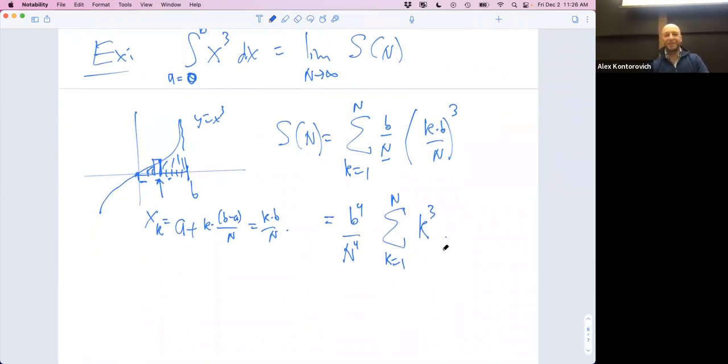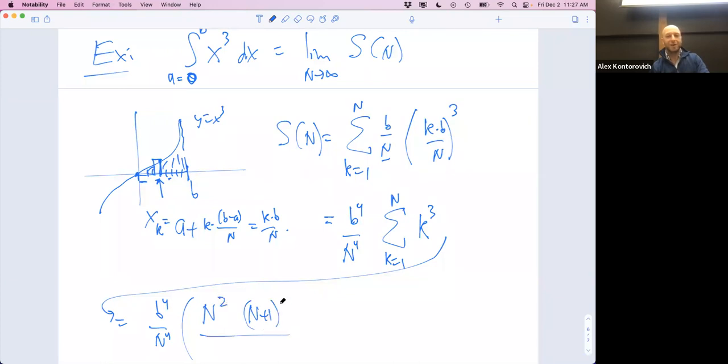You remember what it is? Yeah, it's the square of the sum of the integers. So let me get this b to the 4th over n to the 4th down. And then what's here? N times n plus 1 over 2. But everybody's going to get squared. So n squared times n plus 1 squared over 4. Everybody see that?